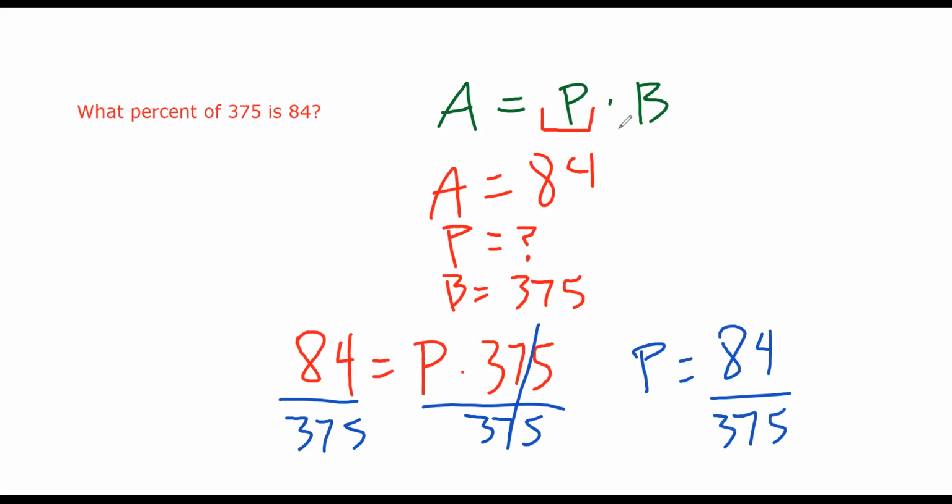Let's use our calculators and do that actual division. You'll get 0.224. That's the decimal number. How do we convert that to a percent? So then as a percent, that's 22.4%. And technically that's what we're looking for. That's going to be our final answer.